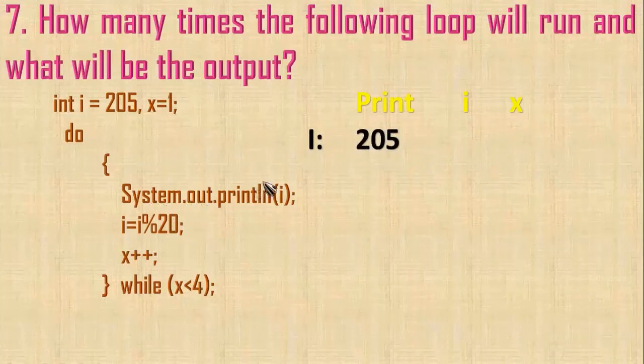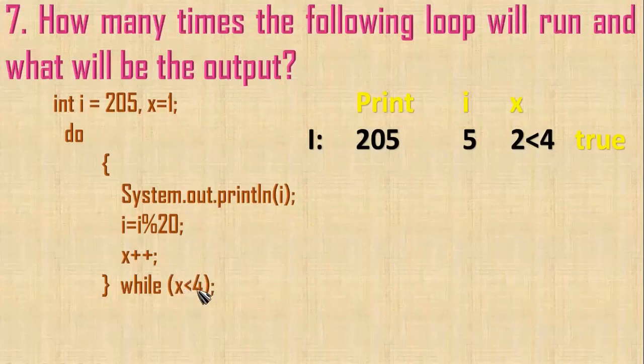That is the first round. And then i = i mod 20. i is 205. Mod 20 will give 5 as remainder. So i's value becomes 5 and then x++ is given. x value becomes 2. And then that is lesser than 4, it is true. So it will enter the next time.